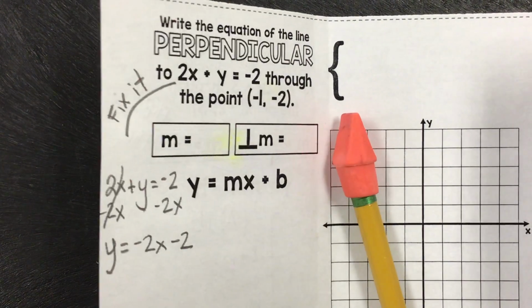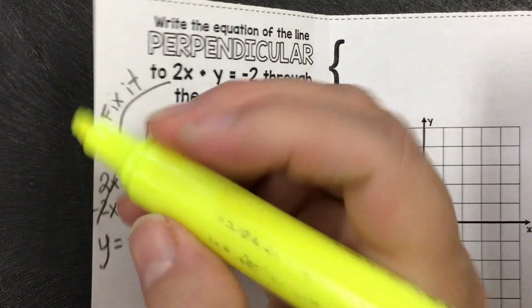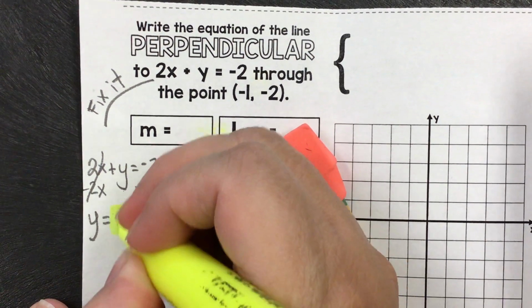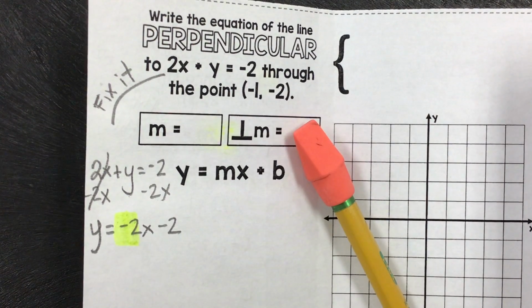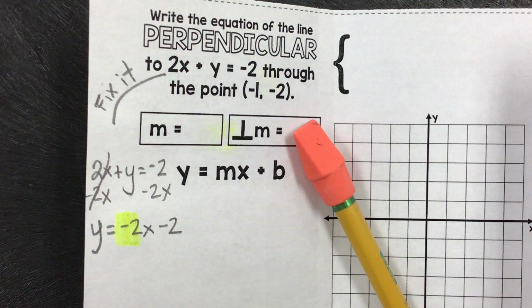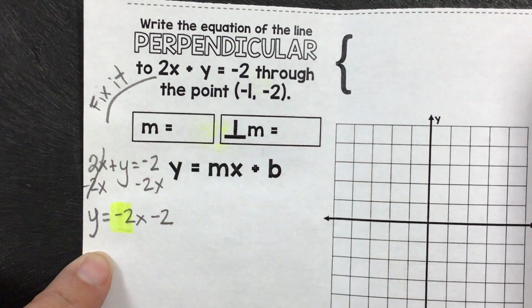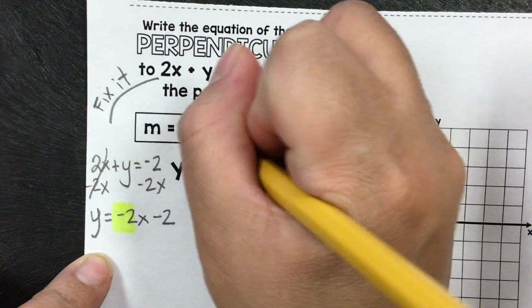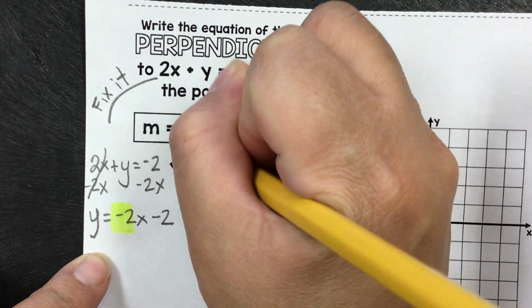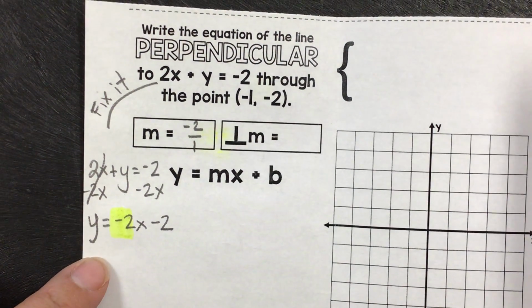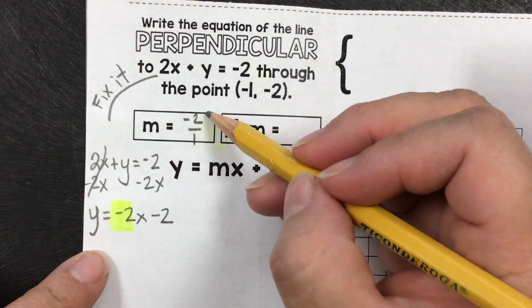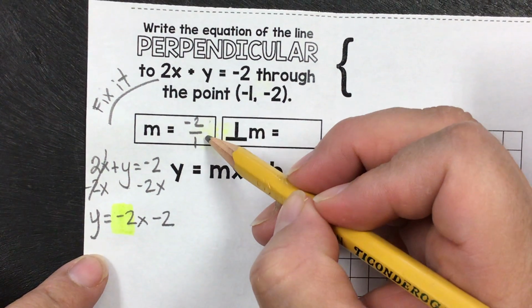And we did all of that work to identify the slope. That is the slope we had, the negative 2. Don't forget it has a 1 as the denominator. So for this one, we would go down 2 and to the right 1.